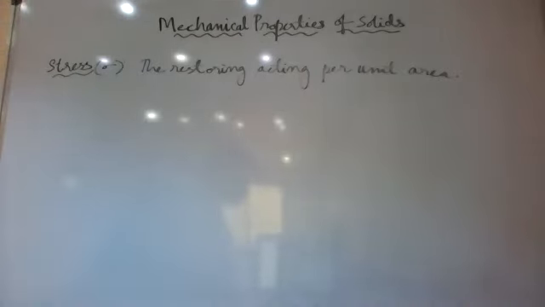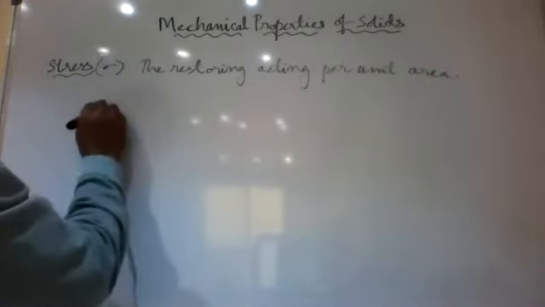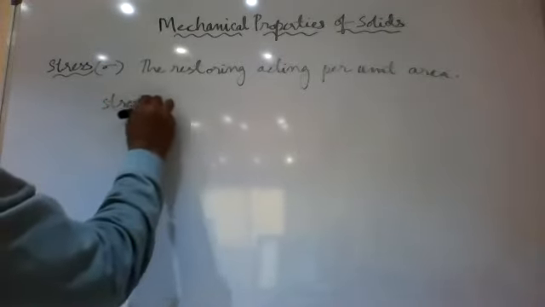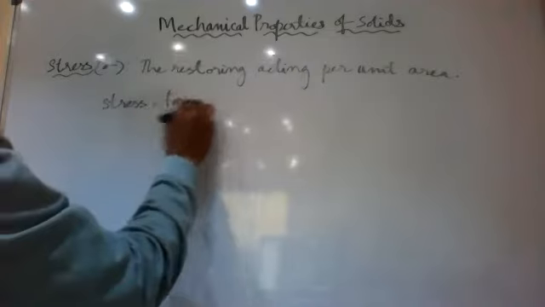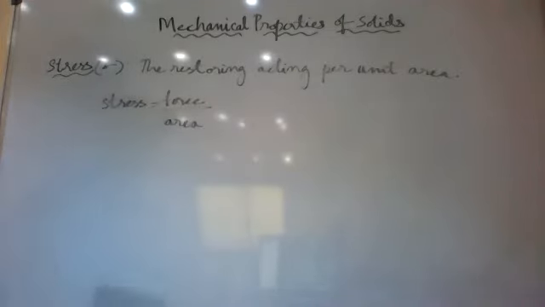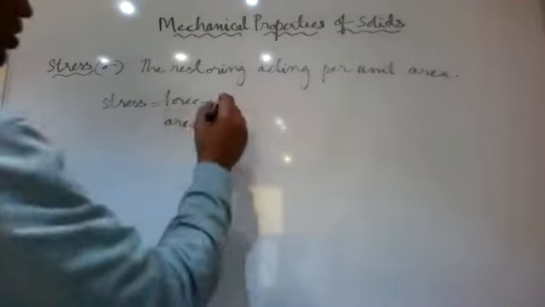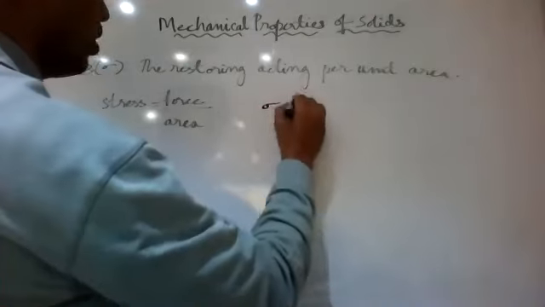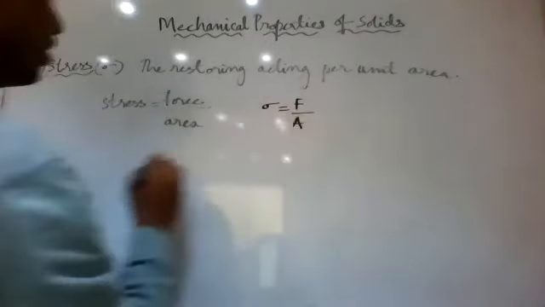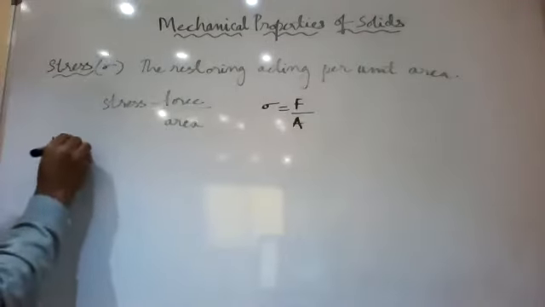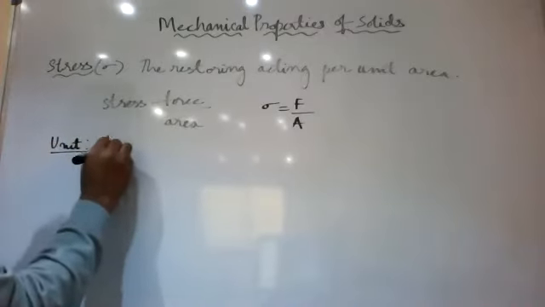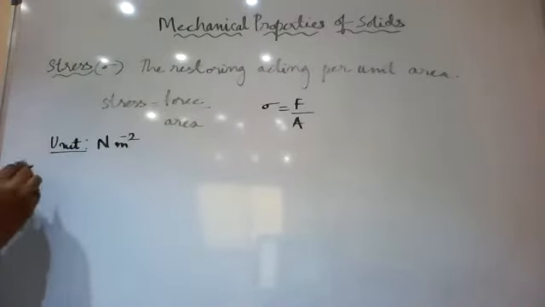Now, the formula of stress is force per unit area. We can also write sigma equal to F by A, force per unit area. And the unit of stress is Newton per meter square, or we write Pascal also.